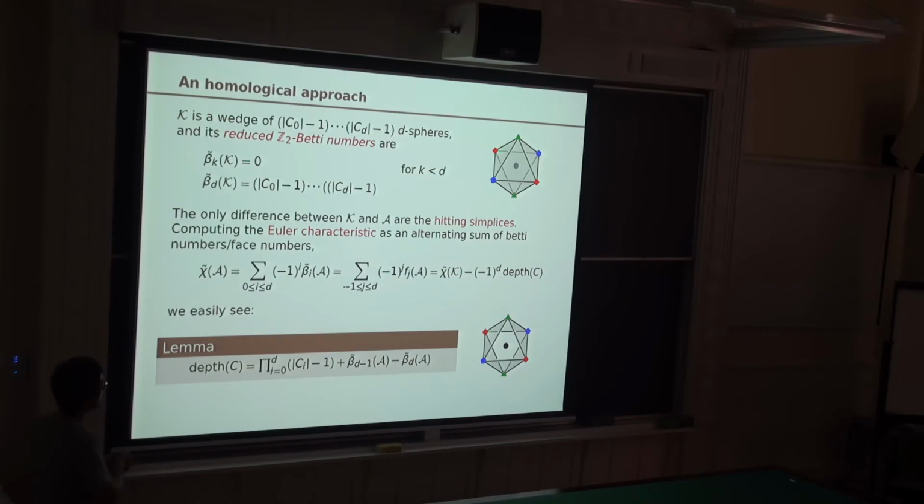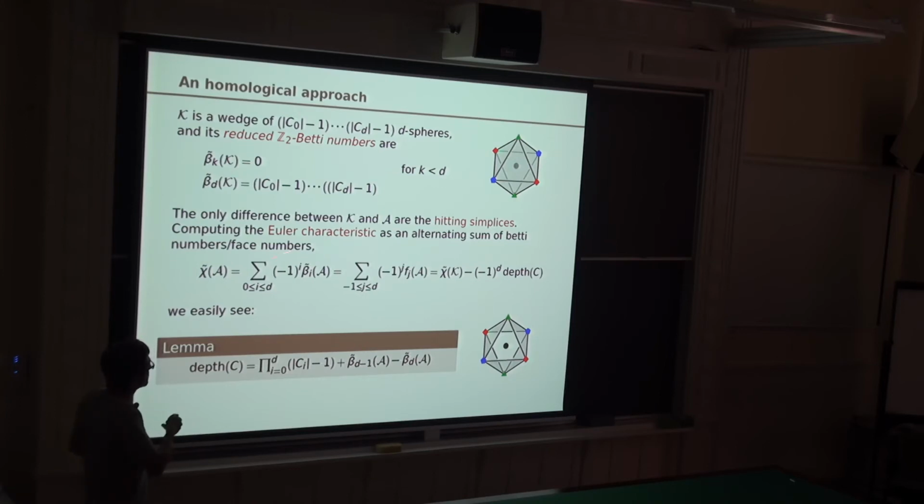And then I can also do the alternating sum of Betti numbers. Here, if I do it with K, I have the exact Euler characteristic because I do know the Euler characteristic of K. If I do it with A, well, I just removed some things of full dimension that can affect only two Betti numbers. It can change the d minus 1 or the d, but the rest remain unchanged, and they are all 0.